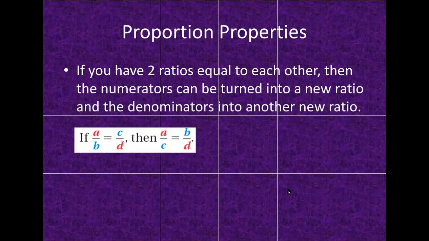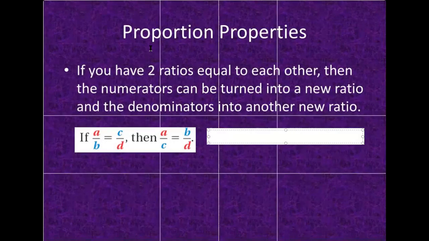A over B equals C over D, then we can make a new ratio: A over C equals B over D. We can also use another way, like a cross product.